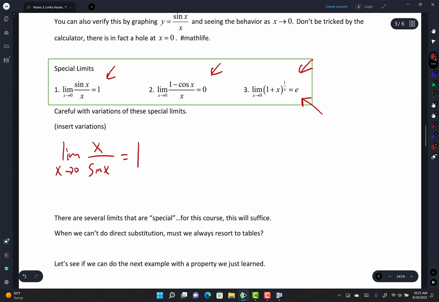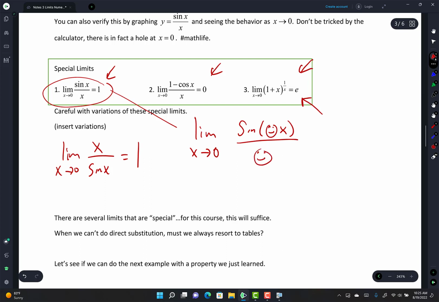Does that make sense to you guys? All right, the argument has to be the same. What do I mean? It could also look like this: limit, I still have to have a variable, as x approaches 0, of sine happy face over happy face.